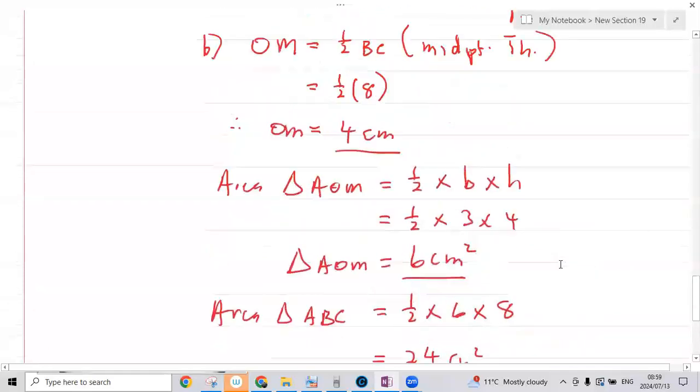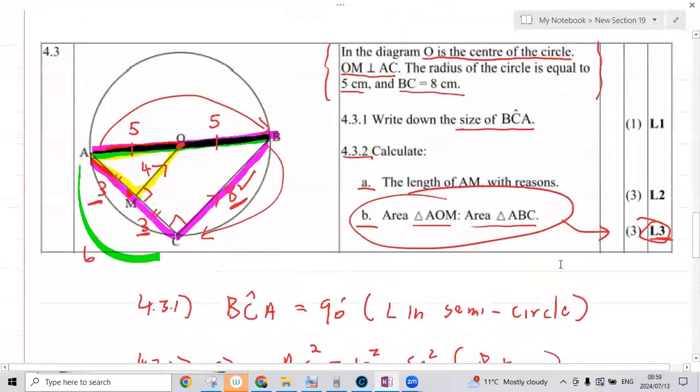So just a quick recap. Don't forget that we needed to identify the midpoint theorem in this triangle here. Okay, by knowing that radii AO equals OB. And the very important thing that you had to identify, if a line is drawn from the center, I'm talking about this one now, this triangle, if a line is drawn from the center perpendicular to a chord, it bisects the chord.